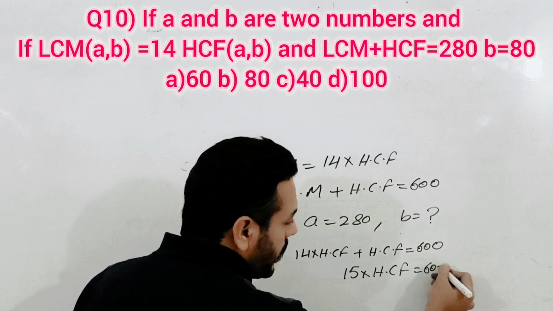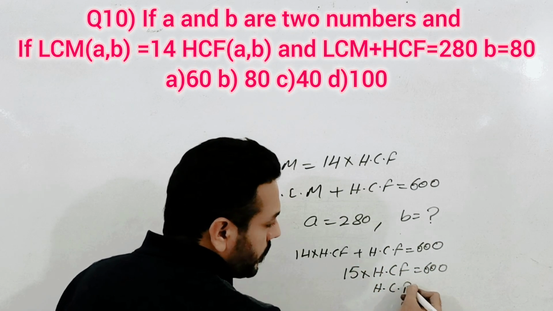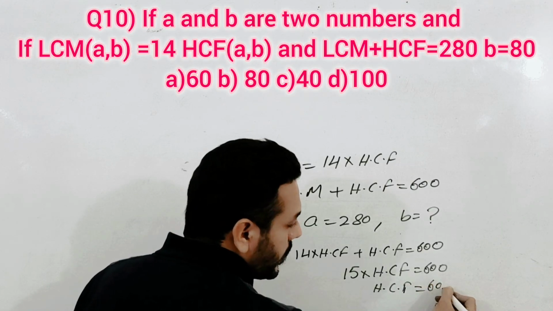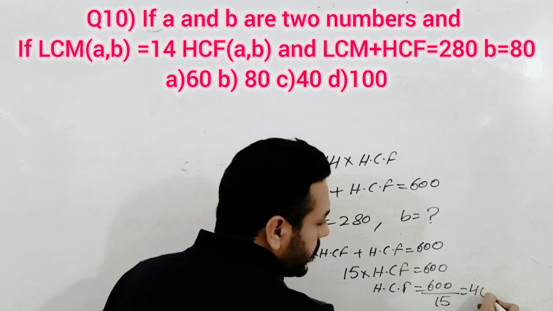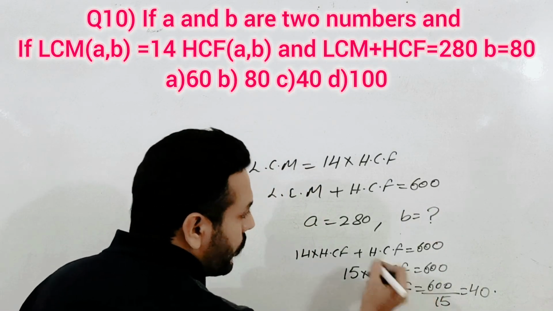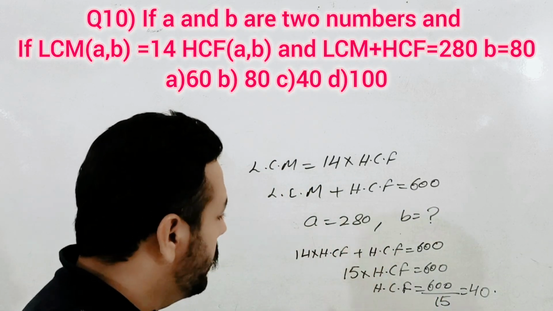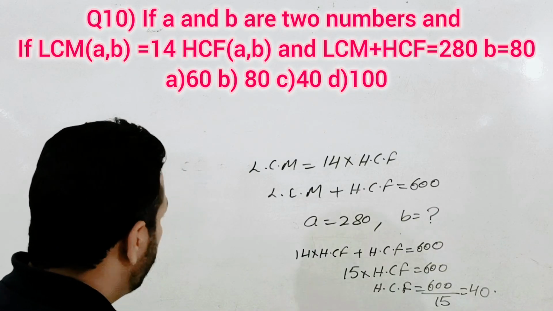This is 600. Then HCF is 600 upon 15. Here we get 40. So HCF is 40.